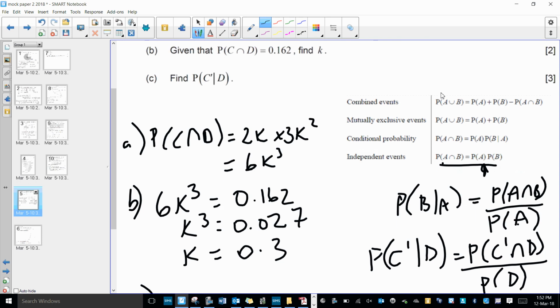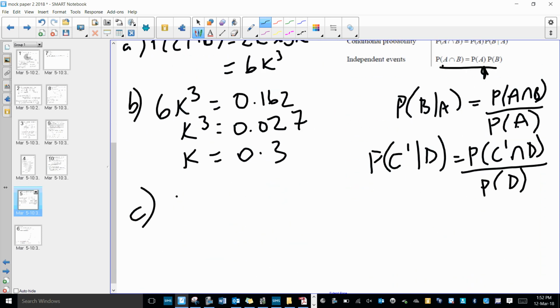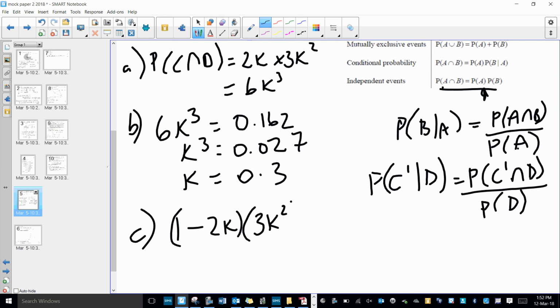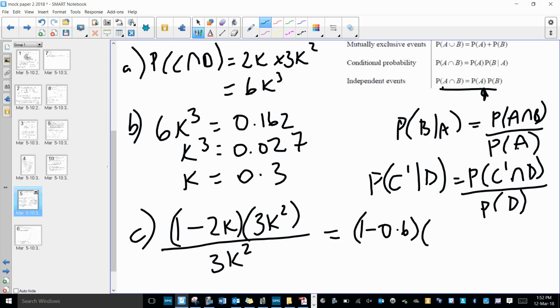So it's 1 minus 2k, bracket, 3k squared, over 3k squared. So we've got 1 minus 0.6 times 3 times 0.3 squared over 3 times 0.3 squared. Okay, so will they cancel? So you've got 1 minus 0.6, that's 0.4.